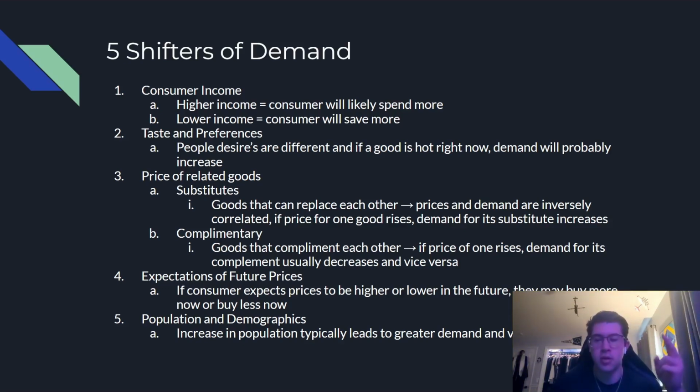They're both pretty similar goods. Now, if the price for one good rises, the demand for its substitute is going to increase, right? So if people want a hot dog or a hamburger, it doesn't matter, and they're substitutes, right? You could have either or. If the price for hamburger rises, are people going to buy hamburgers or hot dogs? Hot dogs, right? So that's essentially what substitutes are.